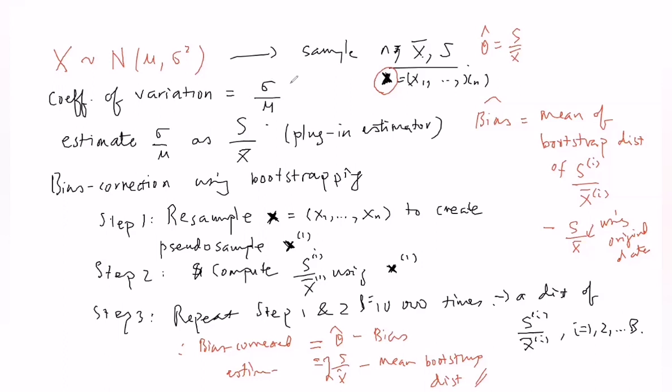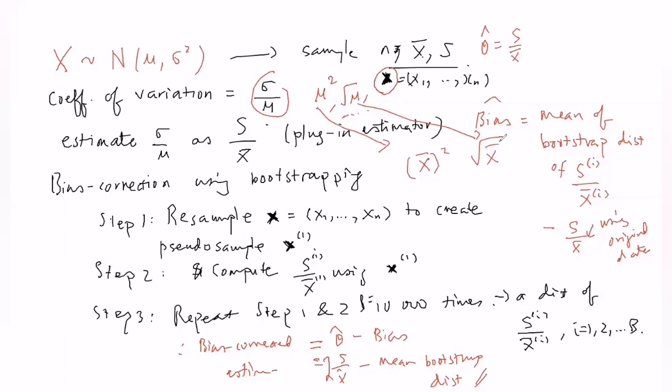In fact, for any parameter, for example mu squared, square root of mu, whatever parameter, the easiest way to estimate it is always to use the plug-in. Here, the plug-in would be just X bar squared, and this one would be just the square root of X bar.